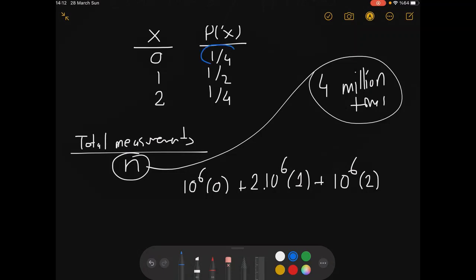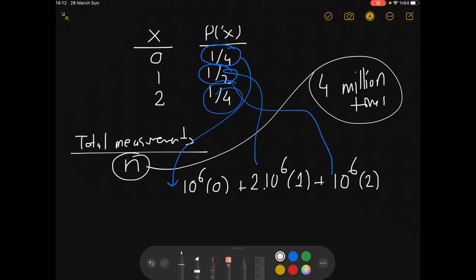Look at this, it is coming from this one, this one, and this one, right?